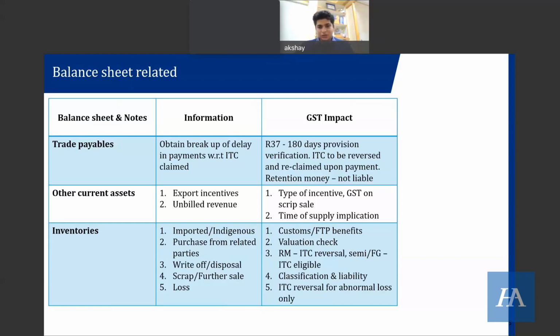Coming to the right of disposal, there is a disputable area where raw materials, if they are written off or disposed of without being put to use in the business, the ITC reversal is there, which I also agree to. But when the semi-finished goods or finished goods are written off or disposed for whatever business reason it is, this ITC should not be said to be ineligible, and it is supposed to be eligible, because when I purchased the raw material, the credit on such raw material was claimed because I have put it into business.